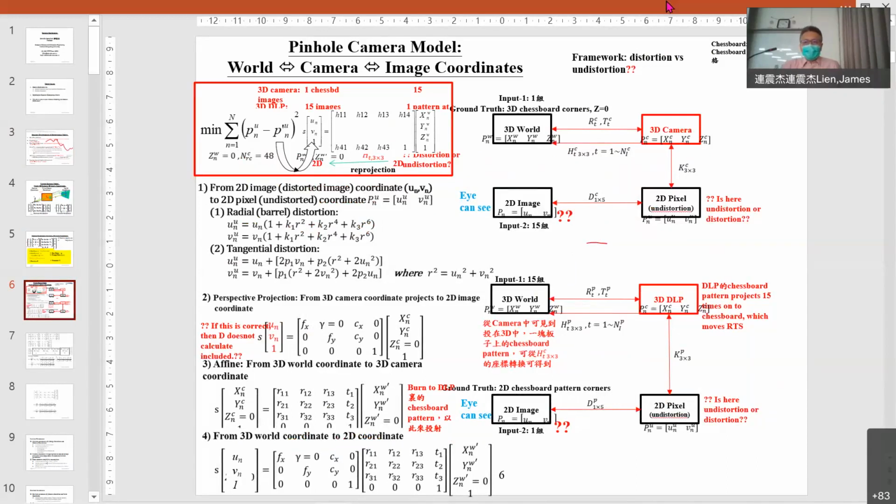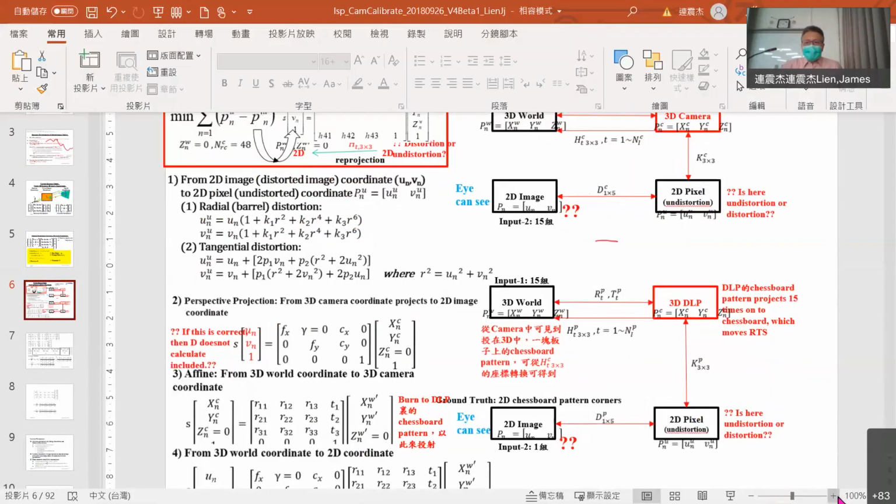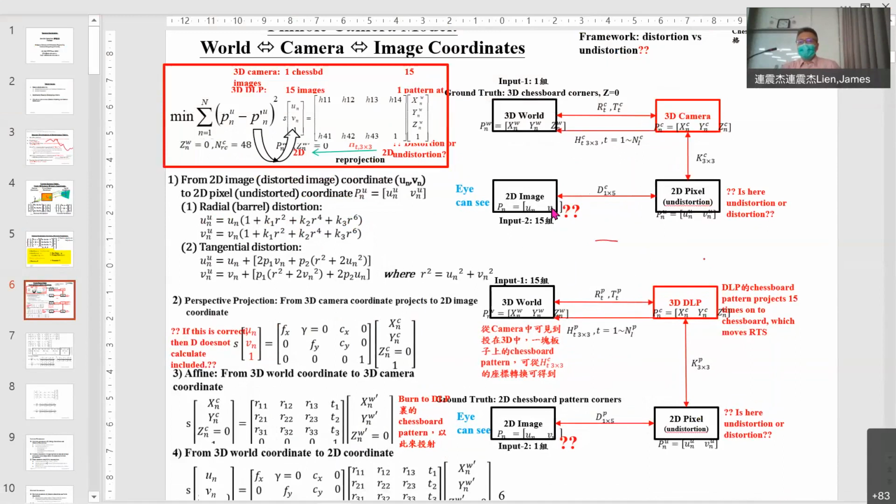So back to the calibration. Our purpose here is to reconstruct the 3D world based on the 2D image information. But in order to complete this work, we need to know the distortion parameters.